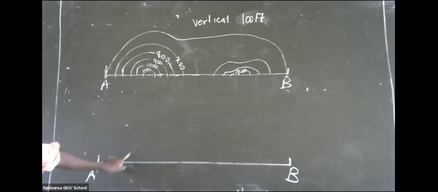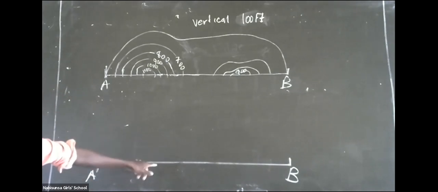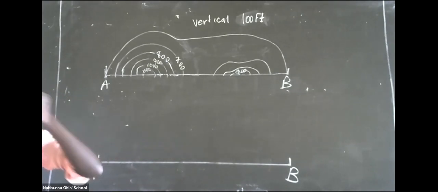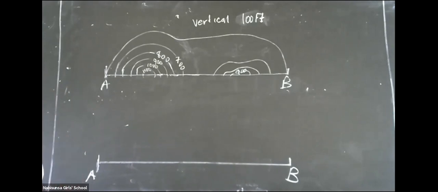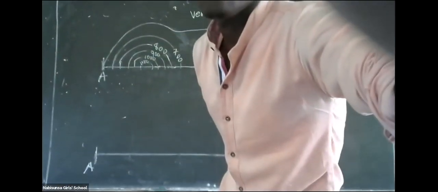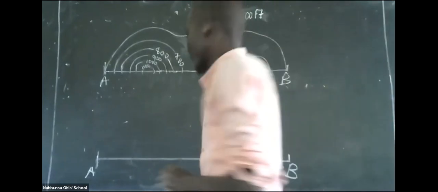You count 1, 2, one part, 1, 2, like that. And you tell me how many spaces of 2 centimeters have you got? Have you got what I'm trying to say? 8. How many people? 8 portions.